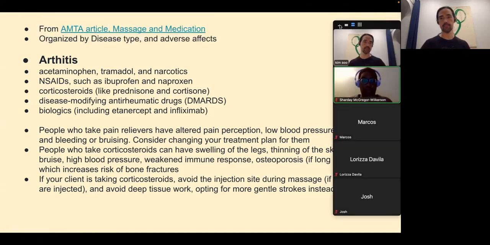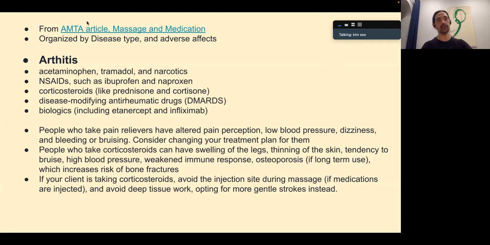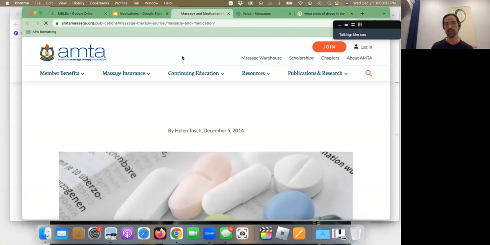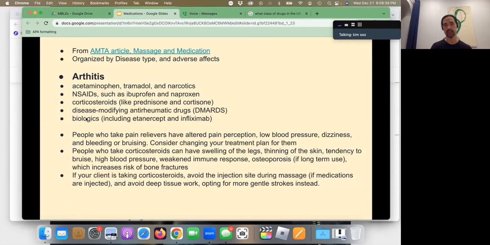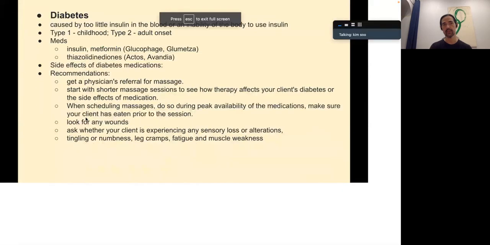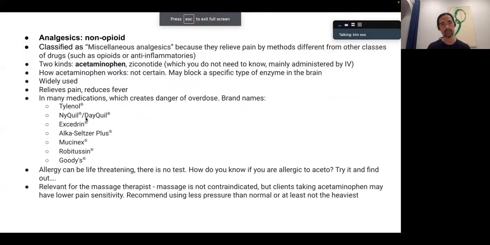if there's time. Okay, so this is from the AMTA, American Massage Therapy Association article, Massage and Medication. Here's the hyperlink for you guys if you want it. It's really, really great. So glad I found this. So let's see.